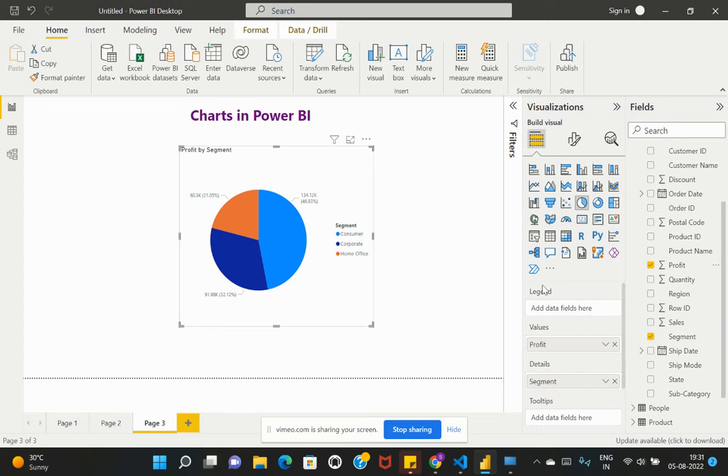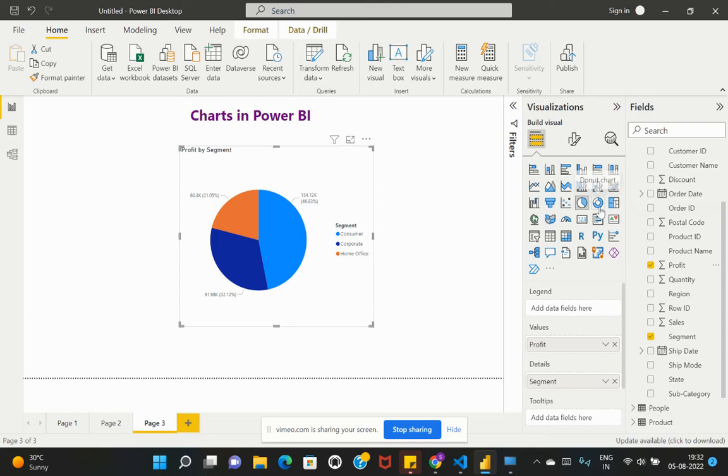So then you can see, so within my visual pane, right, so we have these two options like values and details. So details is corresponding to your category value, and values is related to your measure value. So by placing these values to the corresponding sections, you can see that the pie chart has been populated with the corresponding contributed value. Okay, so this is all about a pie chart.